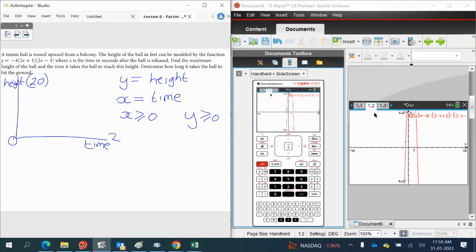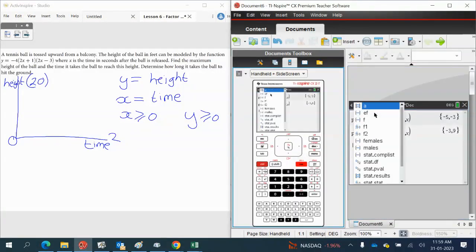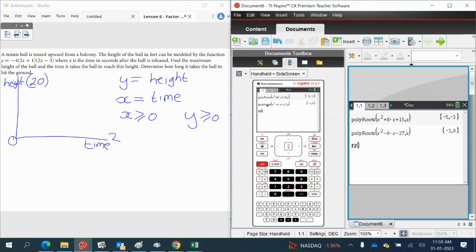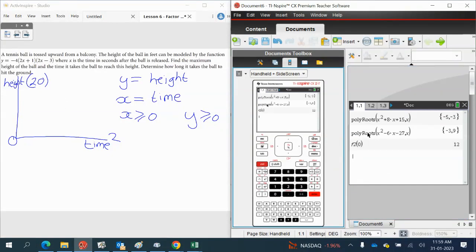Is there a way to find out where the graph reaches the y-axis and the x-axis? Yes, we covered that last week. You go onto the calculator page, you press functions, this is F2. If you find the y-intercept, you know the y-intercept is going to be 12. Why is it F2?